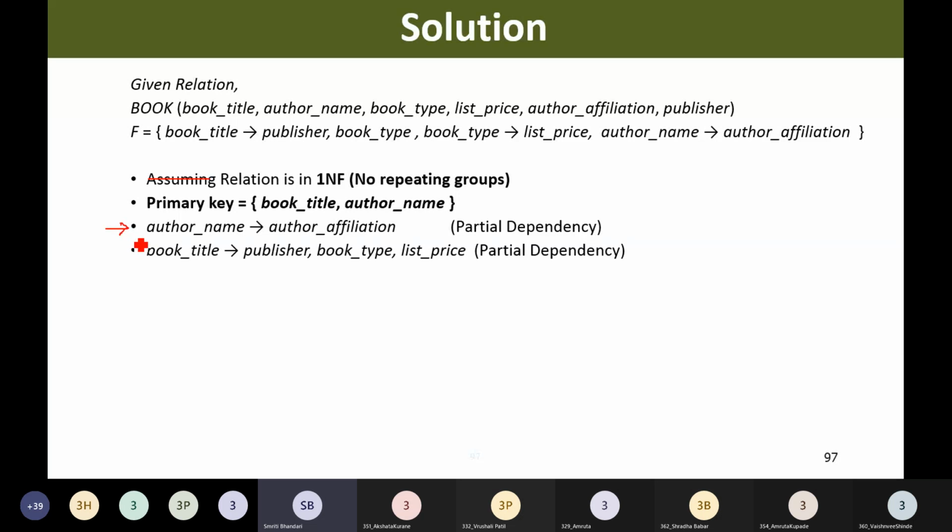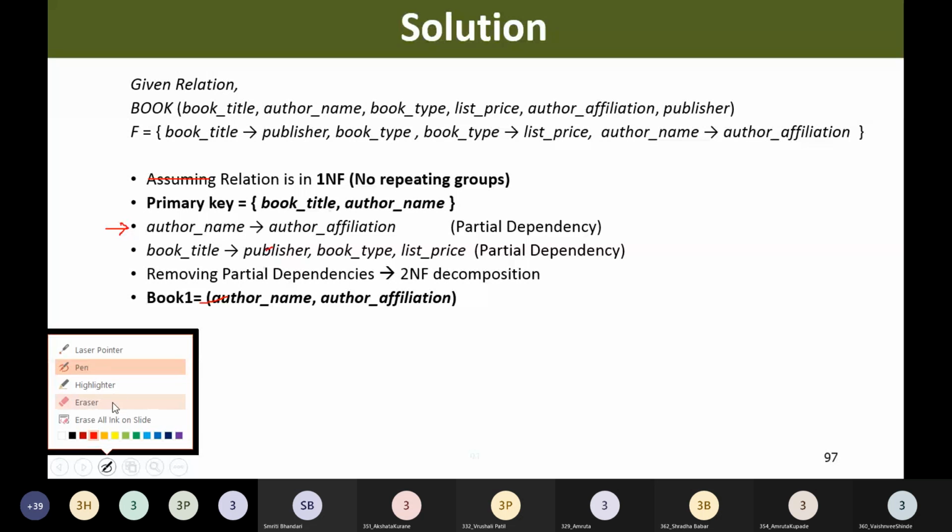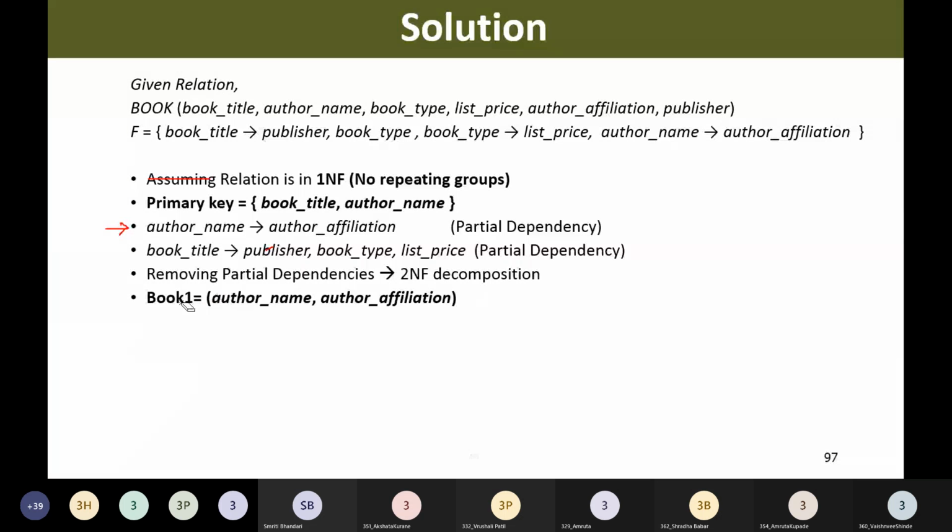Let us assume this first partial dependency. One by one we need to do that. For this partial dependency, we may come up with one table.